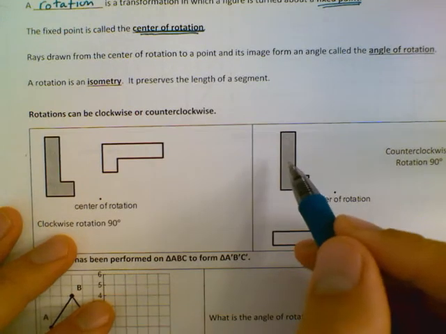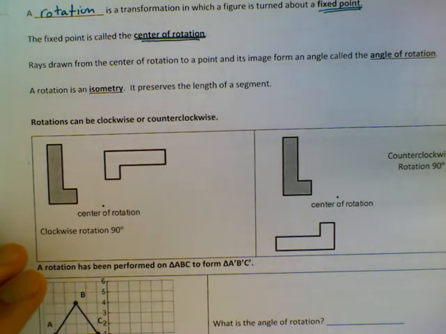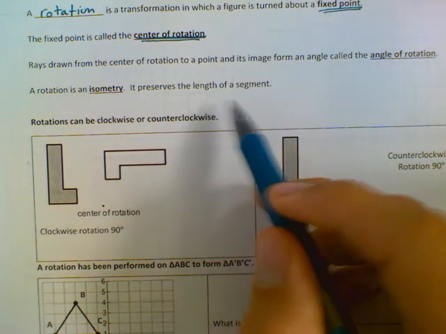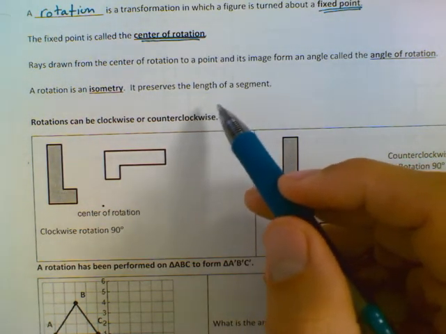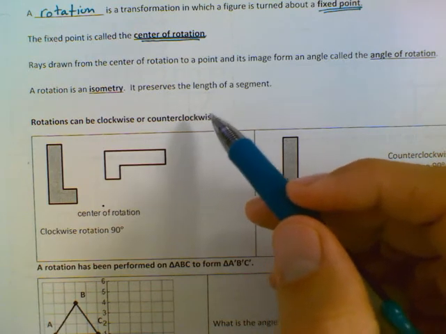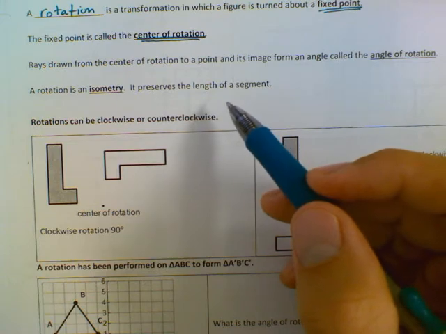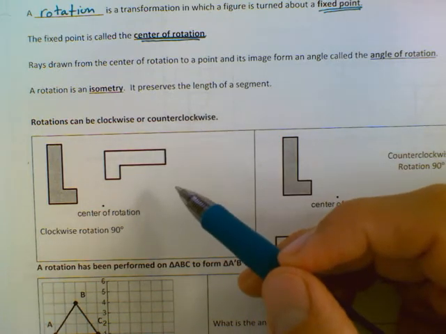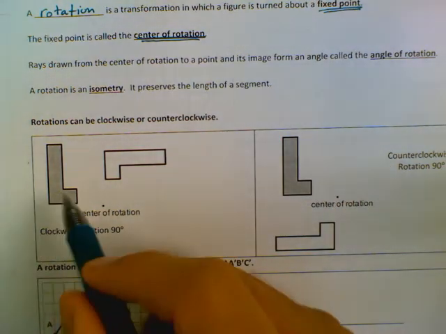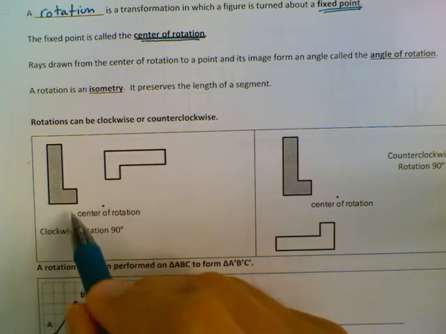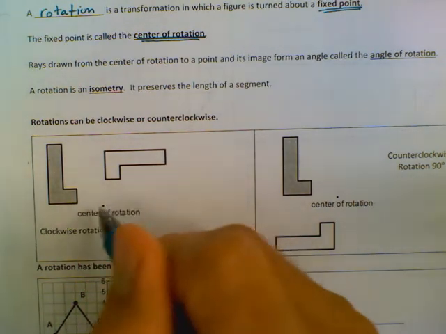So basically, an isometry preserves the distance, the length of a segment. Meaning, if you do an isometry to one object, you will have a congruent object after doing the isometry. So let's take this letter L and we rotate this 90 degrees.